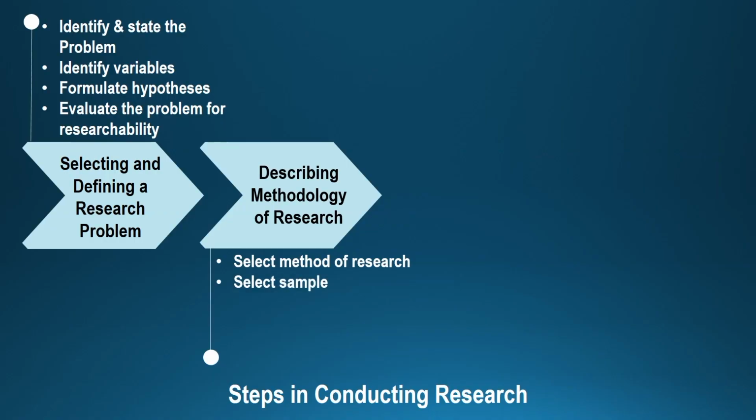The next step is to decide how one would go about selecting a sample, because conducting research on the population is a very expensive, time-consuming proposition. Thus, a sample needs to be decided. If your population is homogeneous, you are going to select a random sample.